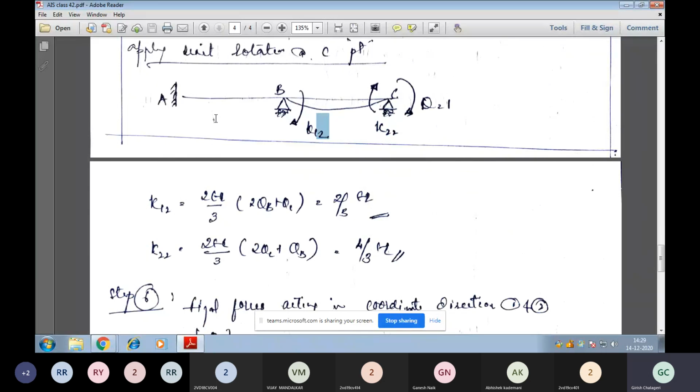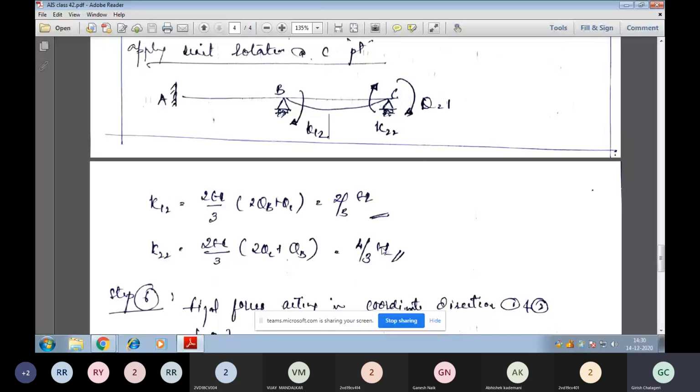KBA is 0, as we cannot see any rotation there. For KBC, substituting the value, that is 2EI by 3 bracket of 2 theta B plus theta C. We know that the unit rotation is applied only at joint C, so theta B becomes 0, leaving 2 by 3 EI theta C. And K22 is nothing but the rotation at joint C. The formula is 2EI by 3 bracket of 2 theta C plus theta B. Since the unit rotation is applied at joint C, theta B becomes 0, so it will be 4 by 3 EI.